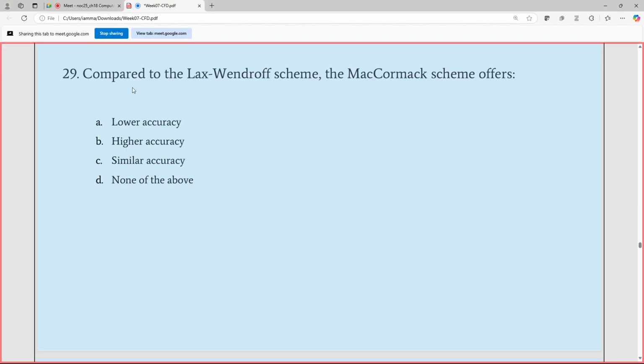Next question. Compared to the Lax-Wendroff scheme, the McCormack scheme offers which of the following? Options are option A, lower accuracy; option B, higher accuracy; option C, similar accuracy; and option D, none of the above. The question is to compare the accuracy of the Lax-Wendroff scheme with the McCormack scheme.